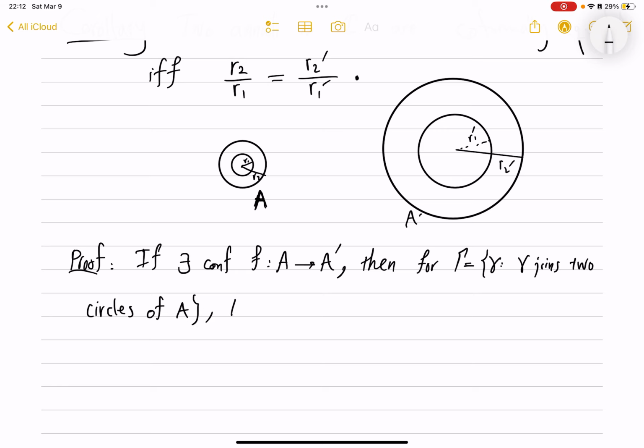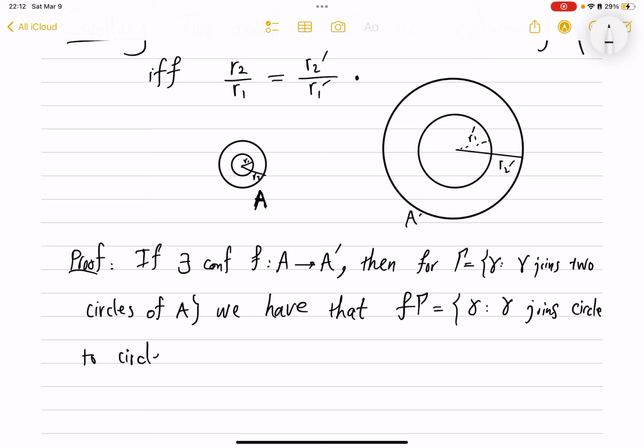Then for this, we have that f of Gamma is exactly the family of curves in A prime, in the target domain, where gamma joins circle to circle.